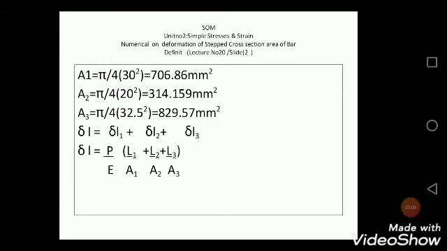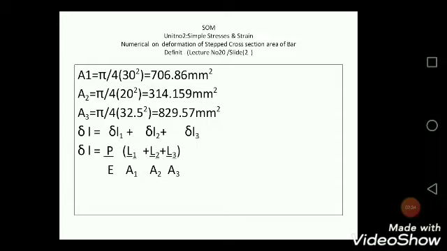We know delta L, that is total change in length throughout the bar, is equal to delta L1 plus delta L2 plus delta L3. Here delta L1 is the change in length for section 1, delta L2 the change in length for section 2, and delta L3 is the change in length for section 3.